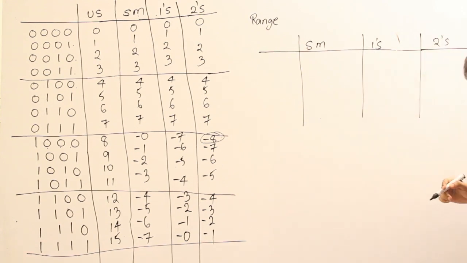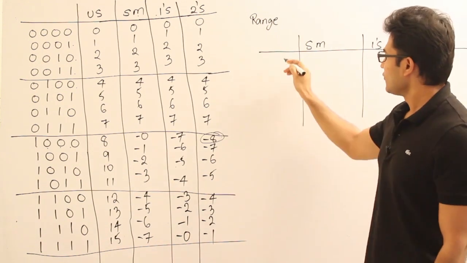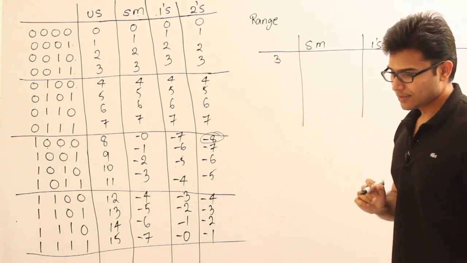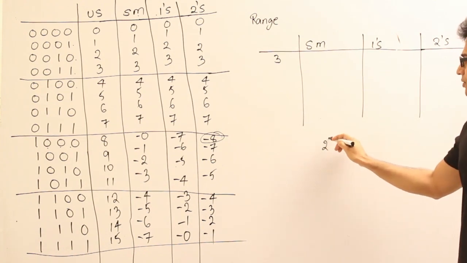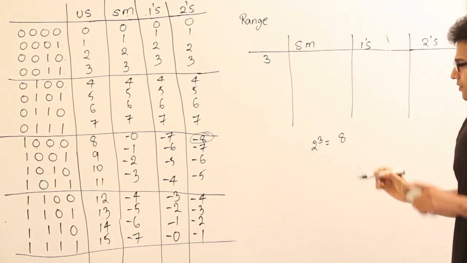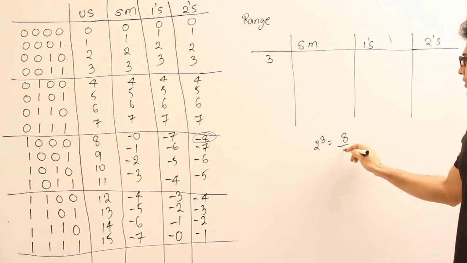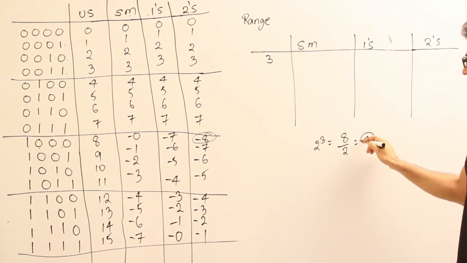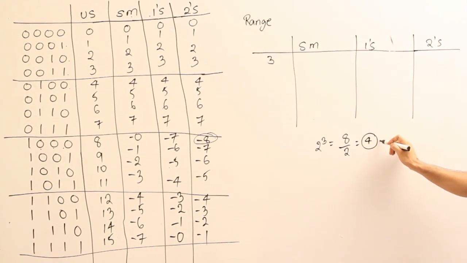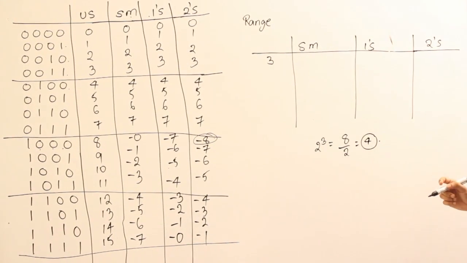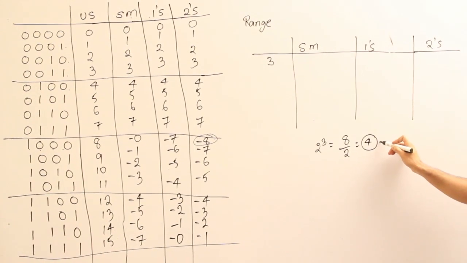Now we have seen 3 bits already. With 3 bits, how many total numbers were possible? 2 power 3 combinations were possible, which means 8 combinations. Half of them were given to positive numbers and half to negative numbers. Both the positive and negative numbers in signed magnitude start from 0.